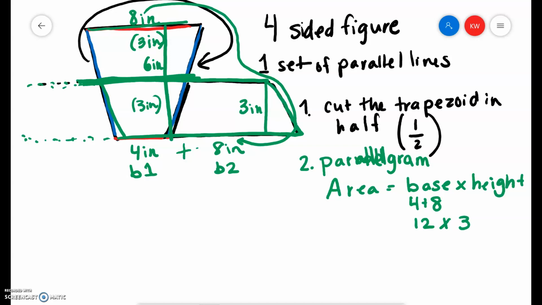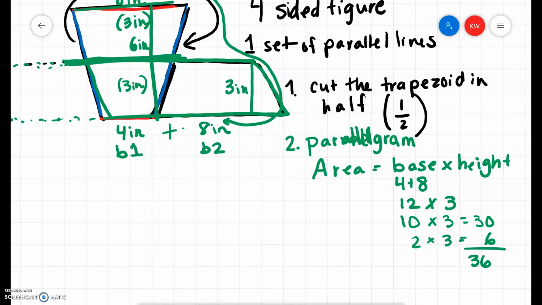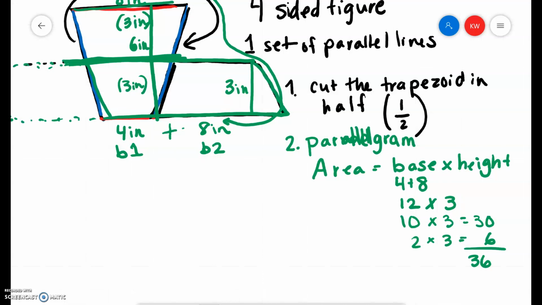So I'm going to multiply 12 times 3. I know that 10 times 3 is 30, and 2 times 3 is 6, and 30 plus 6 is 36. So the total area for this parallelogram is 36 inches squared, because there would literally be 36 inch squares within this shape.